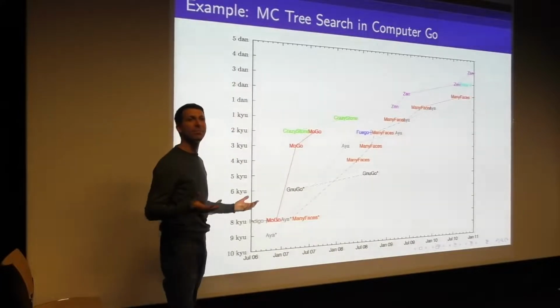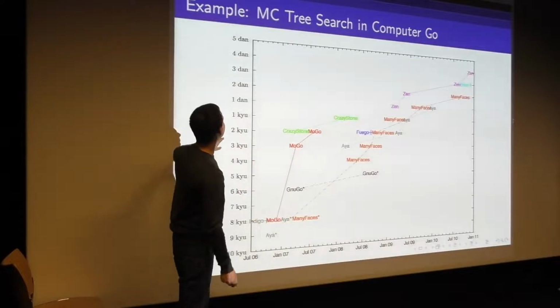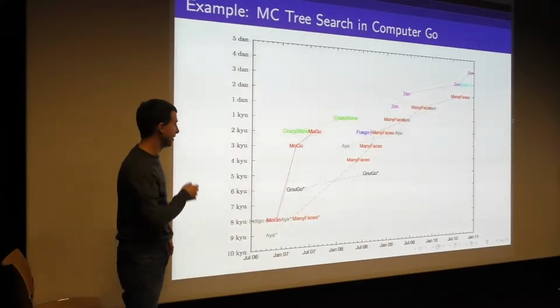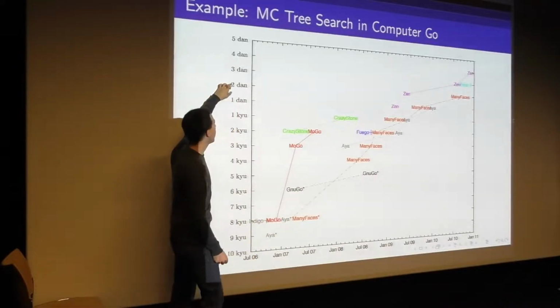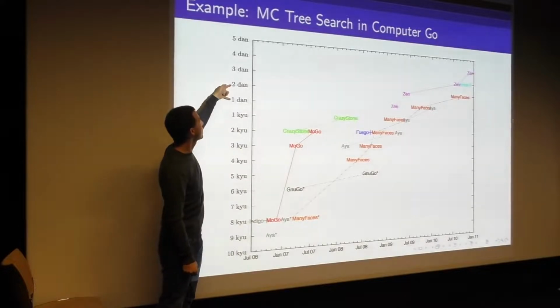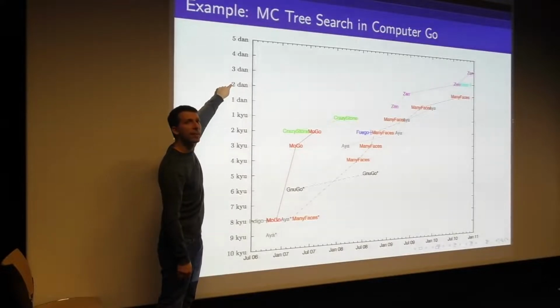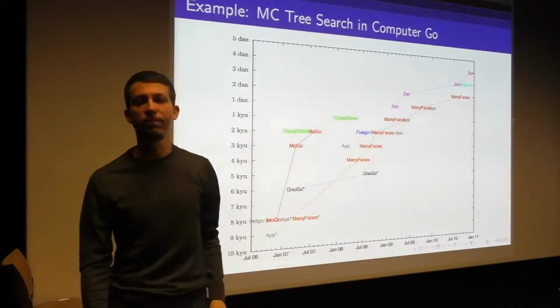So one dan is like getting to black belt in Go, and then it just gets stronger and stronger up to about 9 dan. The distance difference here basically means that if this player gave one free move to this player, they'd be at an equal strength. So that's how you calibrate this scale at every level.